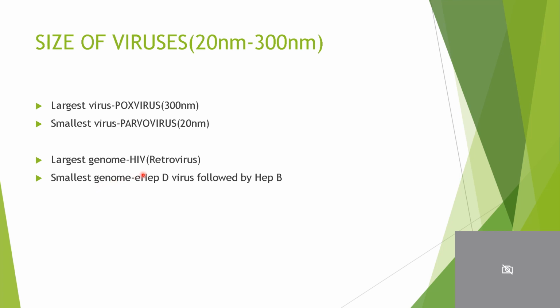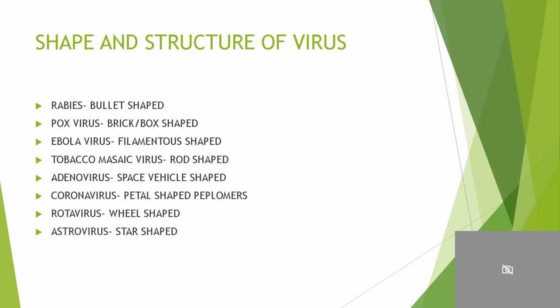HIV has the largest genome, and the smallest genome belongs to the hepatitis D virus, and hepatitis D is always associated with hepatitis B. So in the series of the smallest genome, we have hepatitis D followed by the hepatitis B virus.